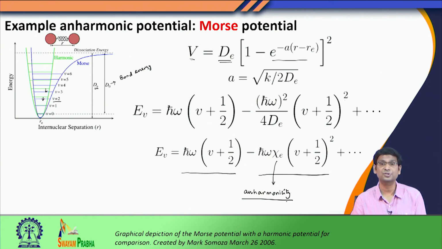This is a coefficient that describes the degree of anharmonicity, and chi_e would be useful for our future discussion. The point I would like to remind you is that the Morse oscillator is an example of an anharmonic oscillator, but you can imagine several other anharmonic oscillators as well.